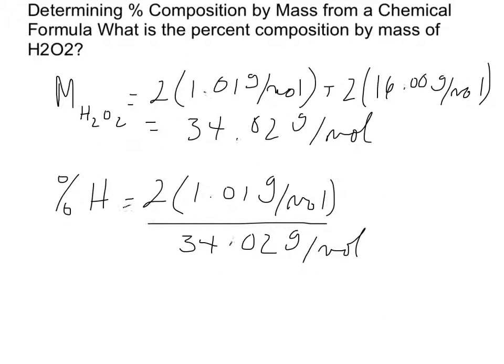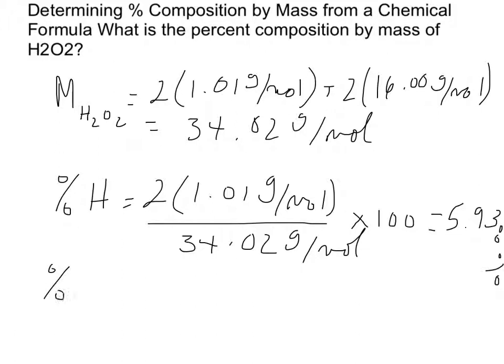If you're wondering where I got the 2 from, this 2 is from the 2 hydrogens up in my formula. Because it's a percent, I must multiply by 100, and my answer comes out to 5.938%.